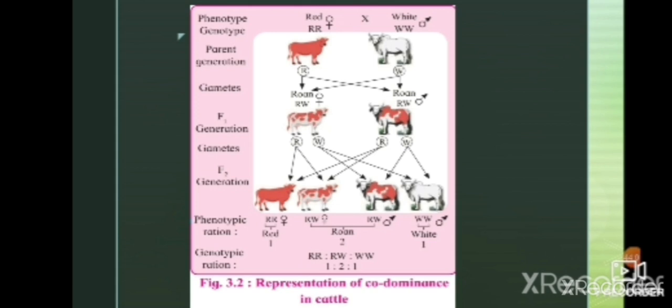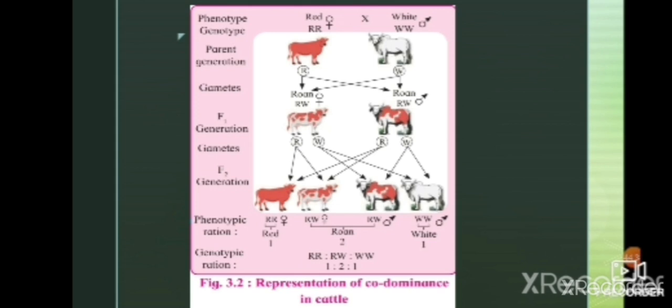It means that 1 as to 2 as to 1 is the phenotypic ratio: 1 red, 2 roan, and 1 white. And genotypic ratio is capital R, capital R, that is red, as to capital R, capital W, roan, as to capital W, capital W, white. That genotypic ratio is 1 as to 2 as to 1.